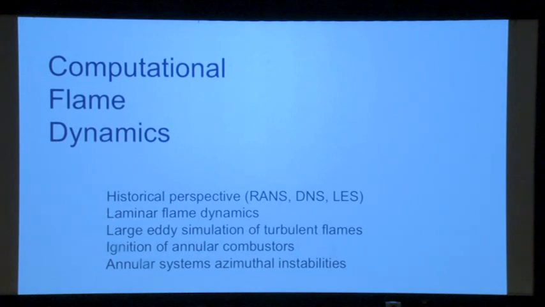So laminar flame dynamics, we've seen already a few examples. Large eddy simulation of turbulent flames, this is what we need. We've done some ignition. There is a whole chapter on ignition that I will also detail, and azimuthal instabilities in annular systems. So I call that computational flame dynamics.